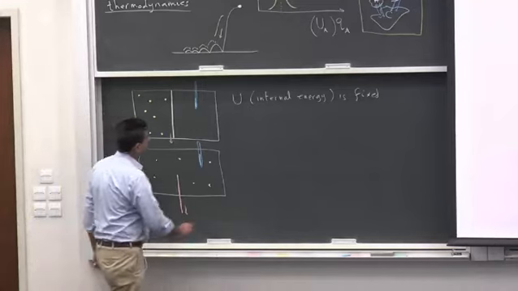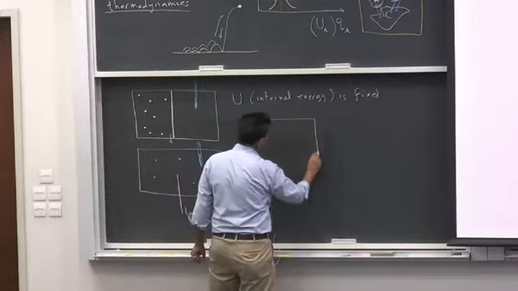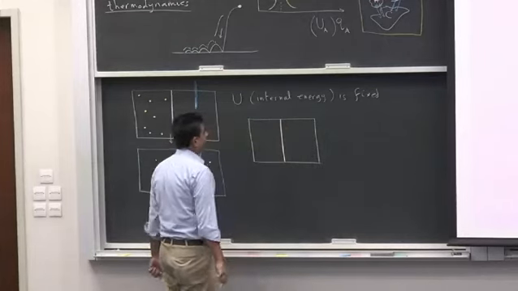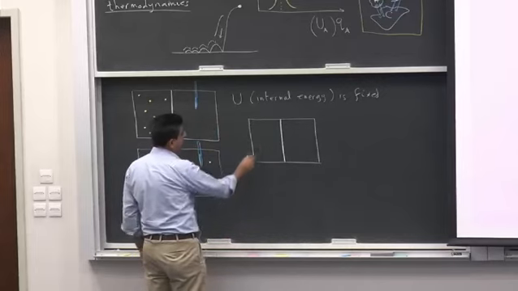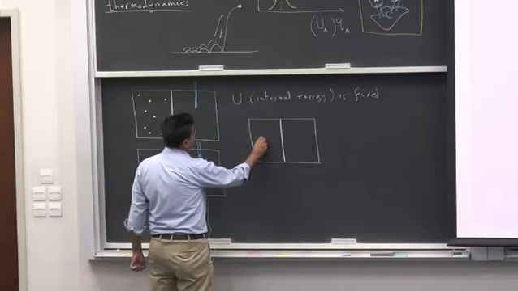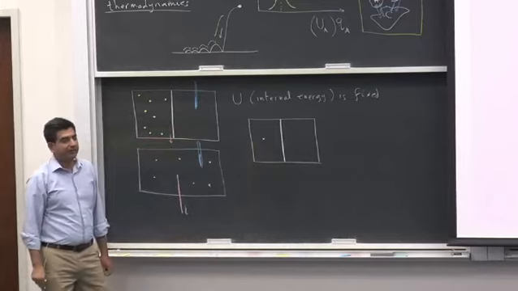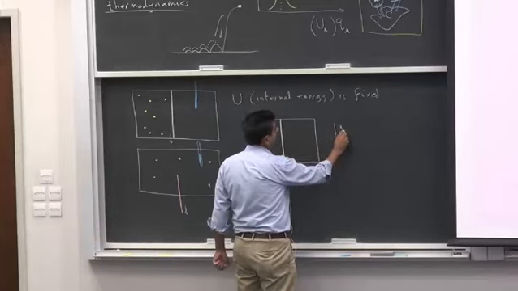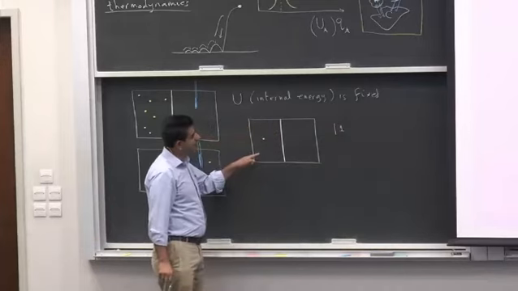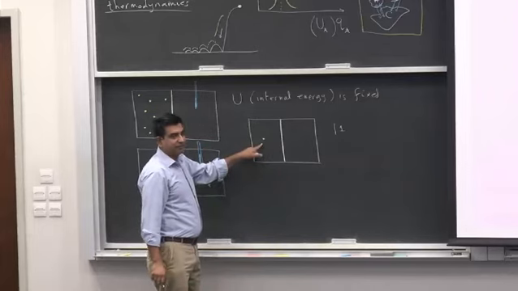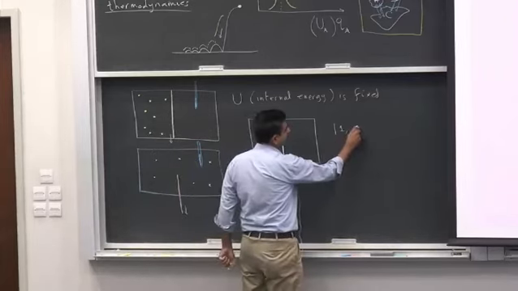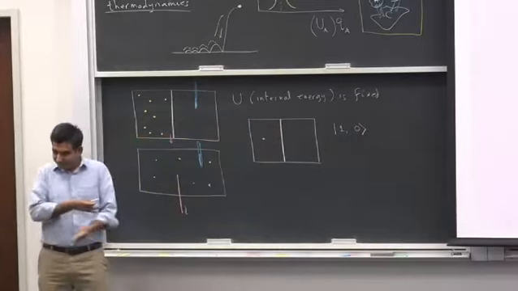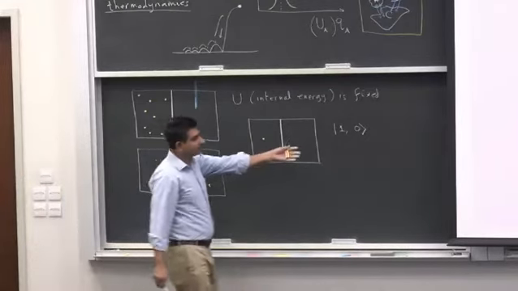Now if I just hypothetically do a thought experiment in which a molecule is here, then this state, let's call this a quantum state, in which the molecule is in the left compartment and it's absent from the right compartment. Let's denote this microstate by this label. This is a label. This is just quantum mechanics.